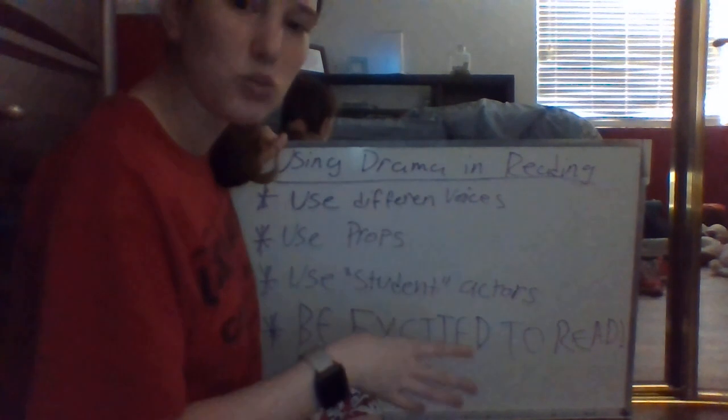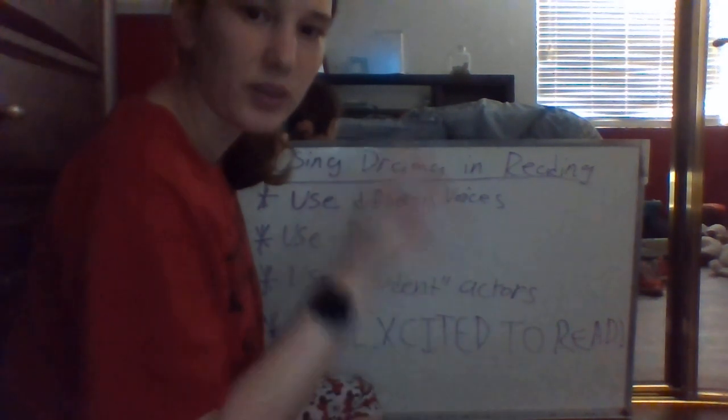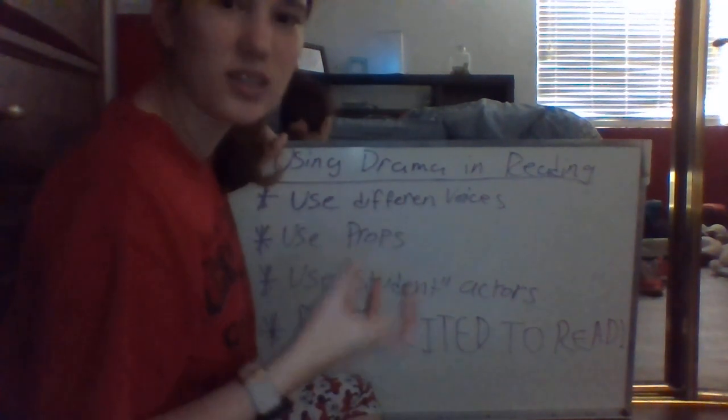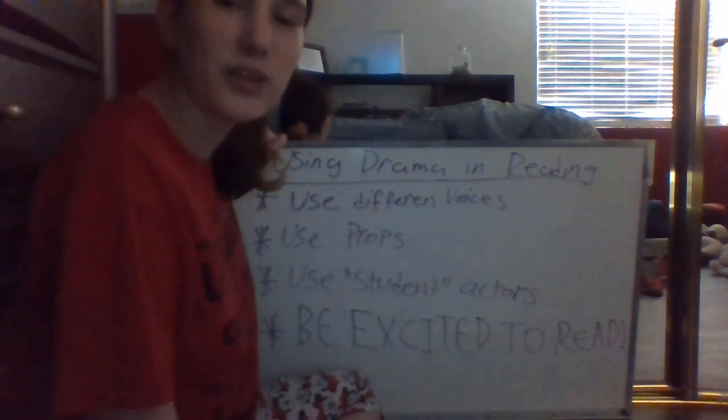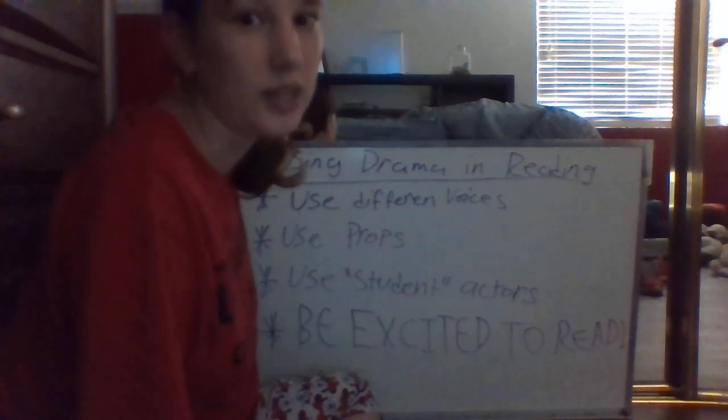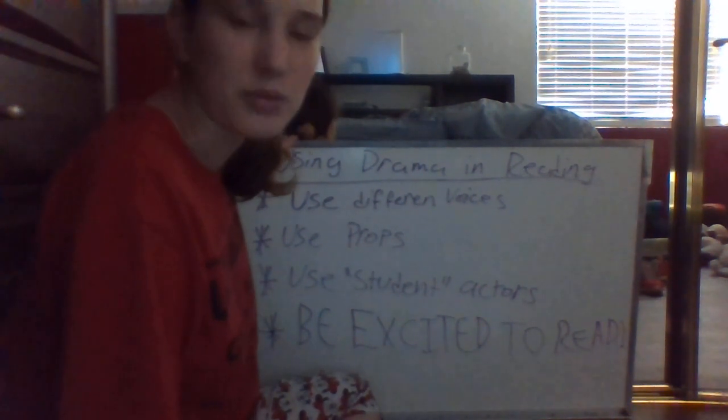So the side that he was reading was the worker bee. The worker bee was on one side, and then on the other side it was the queen bee. So the worker bee, when the teacher would do it, he would sound kind of sad, like angry, frustrated, annoyed, tired sometimes, because he's a worker bee.